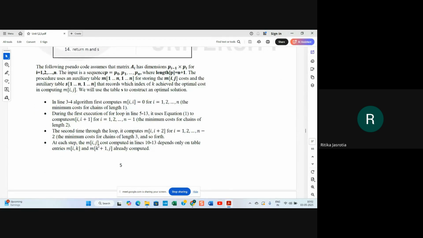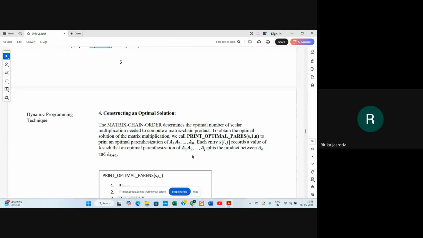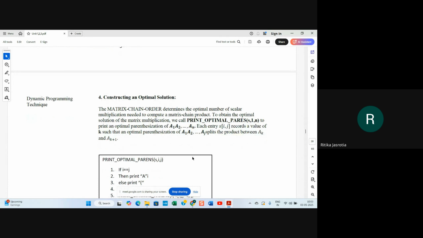At each step, m[i,j] cost is computed, which is c[i,j]. It depends only on table entries m[i,k] and m[k+1,j], which are already computed, so we use those values. You will also keep the values of k in another table.